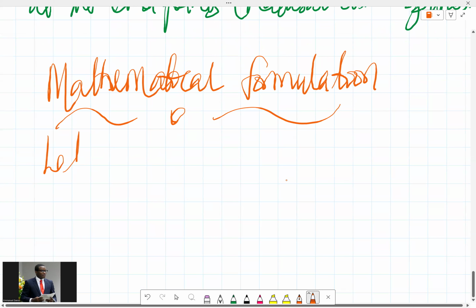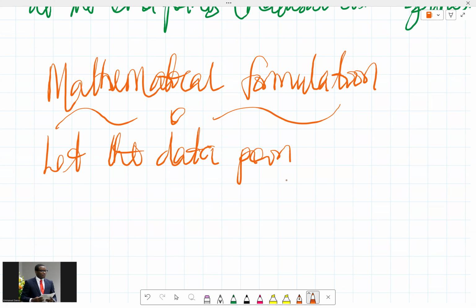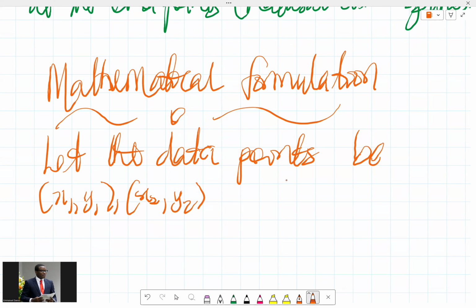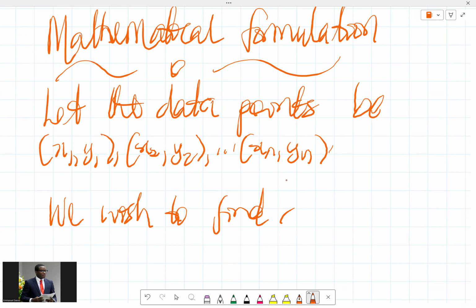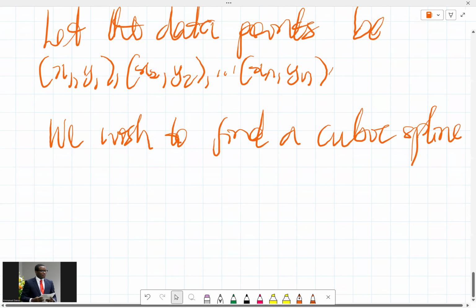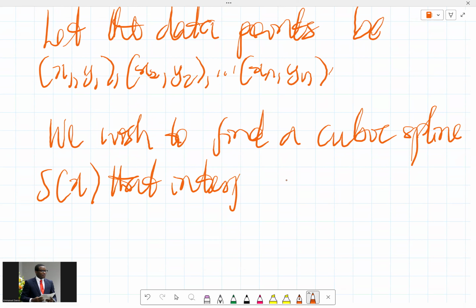Okay, so imagine, let the data points be, say, x1, y1, x2, y2, and that goes on until you get to xn, yn. Okay, so we wish to find a cubic spline s(x) that interpolates these points.